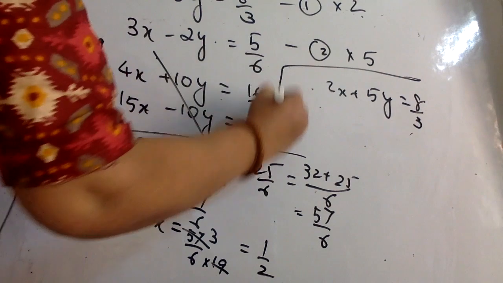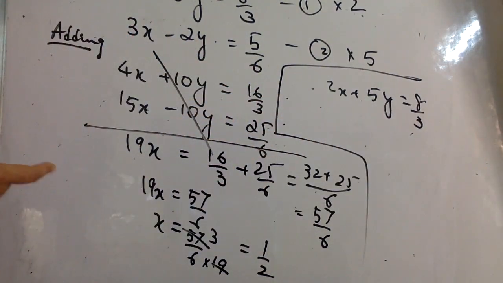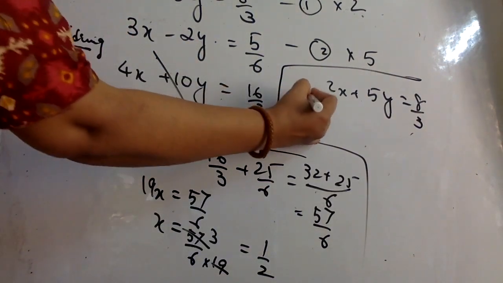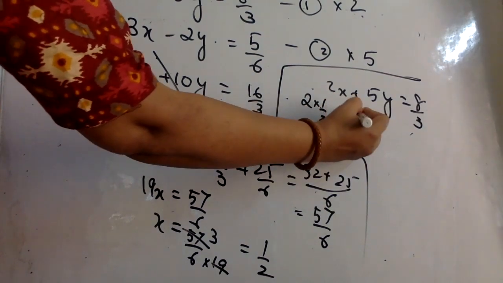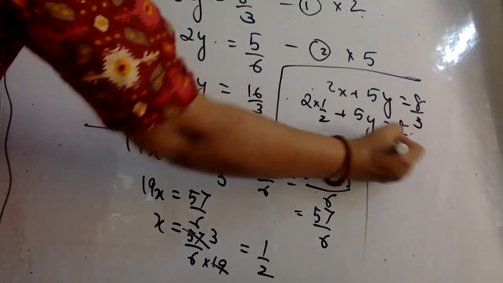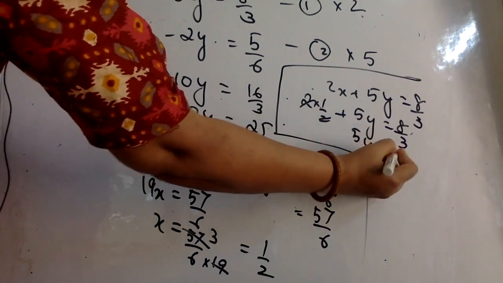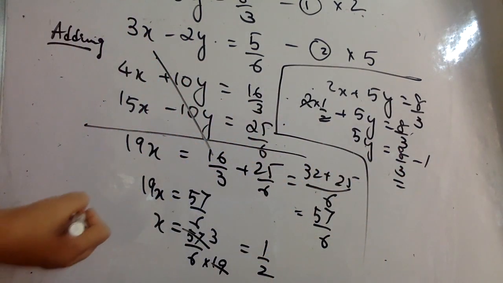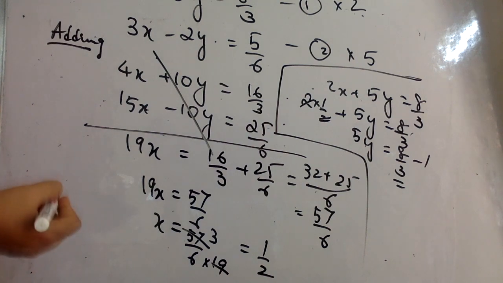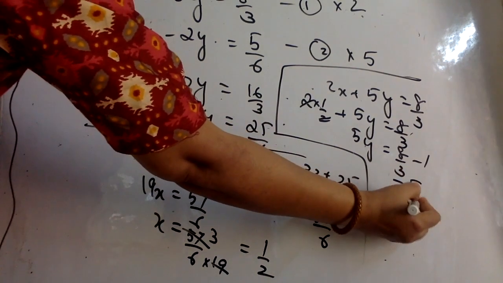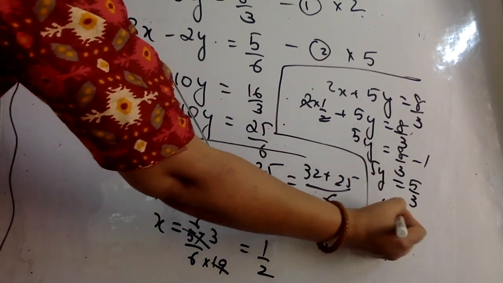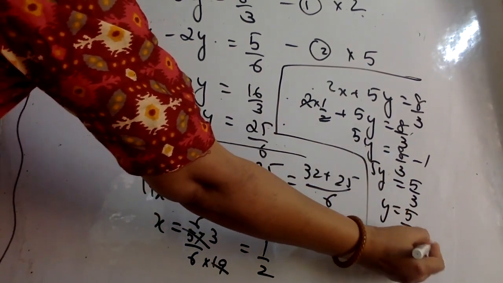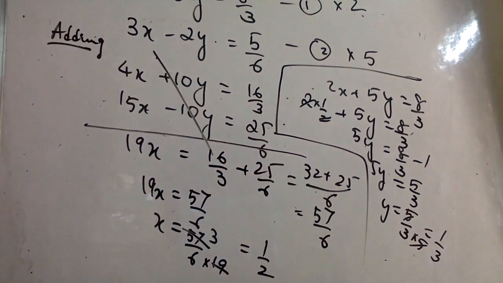Here 2 into 1 by 2 plus 5y is equal to 8 by 3. 5y is equal to 8 by 3 minus 1, and 3 is the LCM. So I have 5 by 3 is equal to 5y. y is equal to 5 by 3 into 1 by 5, which is 1 by 3. So my value of y is 1 by 3.